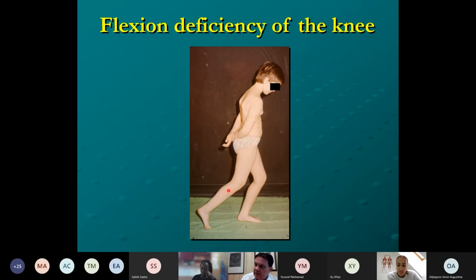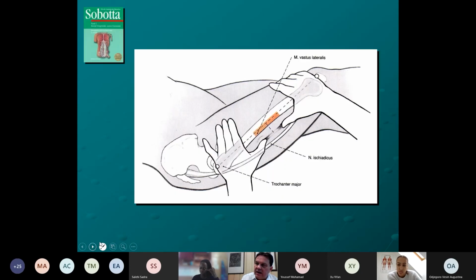And interestingly, some years ago, when I was checking the Sobota Atlas, which you probably also use for anatomical studies, there is a drawing. Everybody jumps over that because it is not so interesting. But for me, it was interesting to see that even in the Sobota Atlas, it is demonstrated what you should do when you give an intramuscular injection.